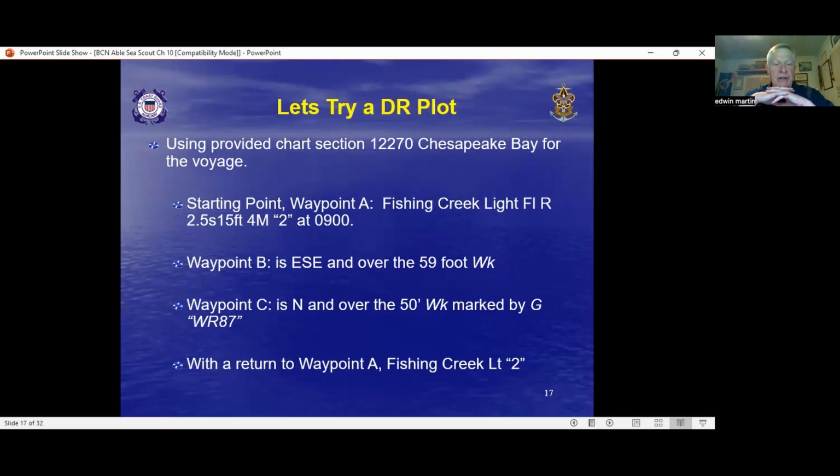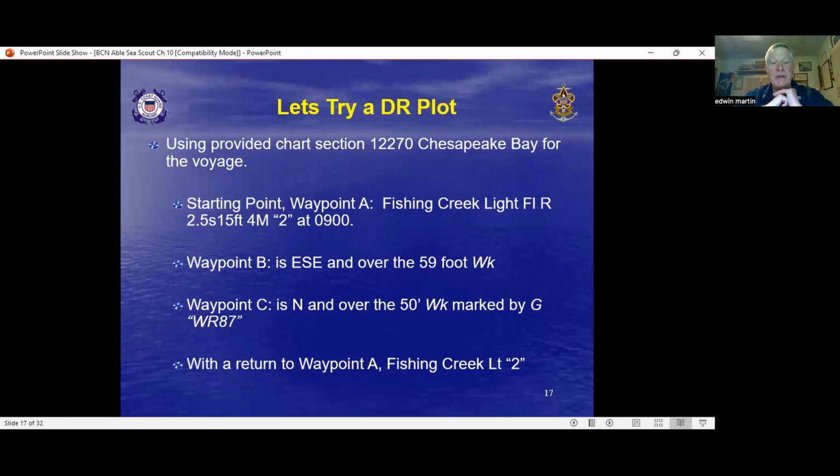So I put together a little chartlet and some questions and some guidance on a little problem to solve. We have a starting point. I call it a waypoint. It's really just a mark over a 59-foot wreck.